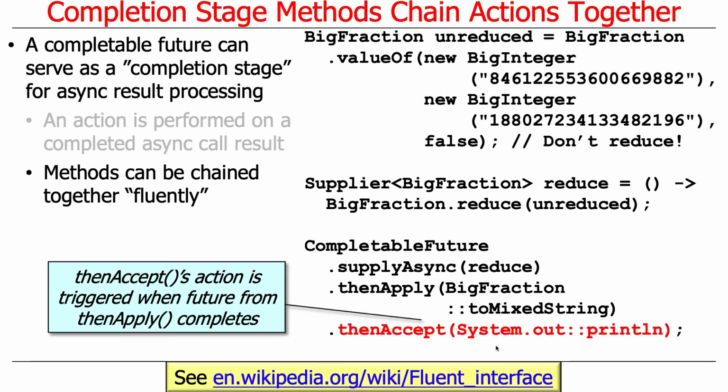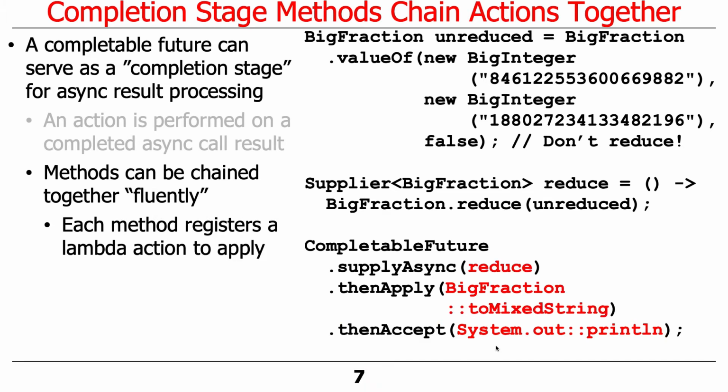Okay, try this again. So let's say that we've got this particular example here. Supply async, then apply, then accept. You tell me, how do you think these completion stage methods are going to be called? Exactly. So they're run one after another, right?